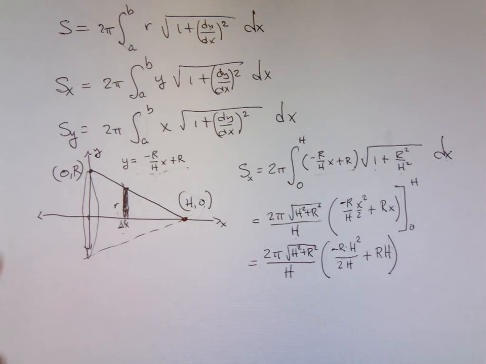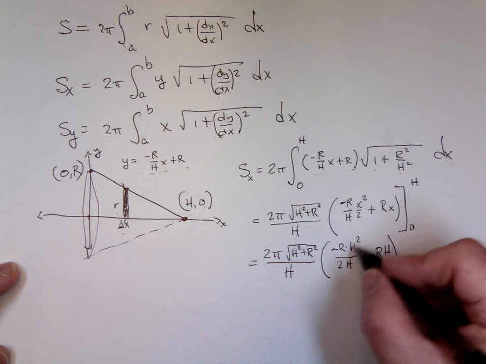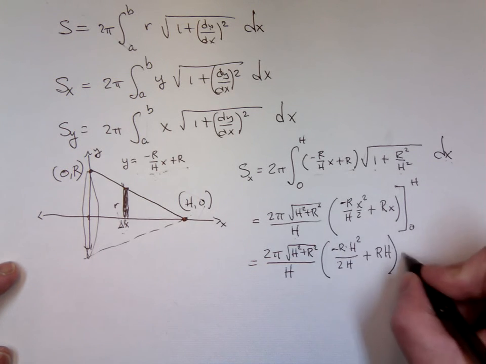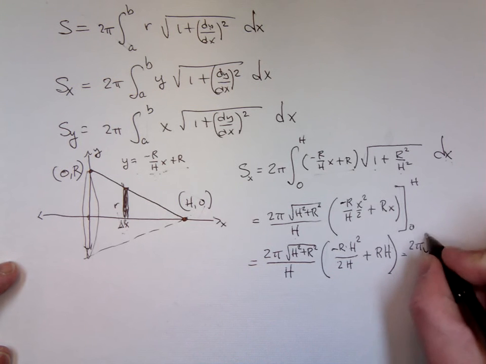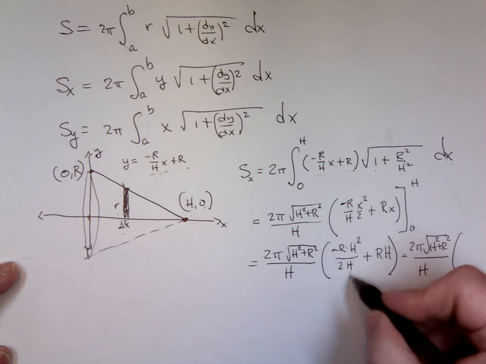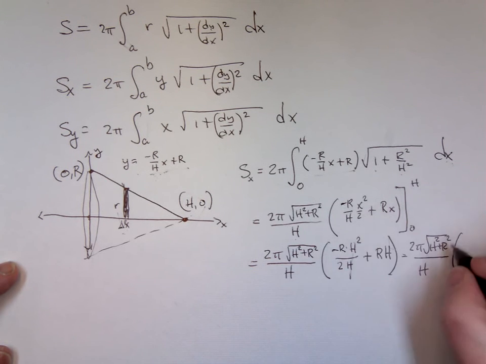One set of h's cancel. Here's what I have: 2 pi square root of h squared plus r squared over h, and I get a negative rh over 2 plus rh.